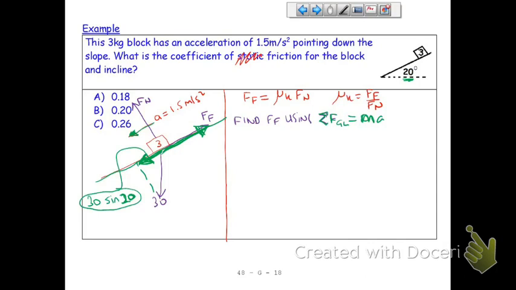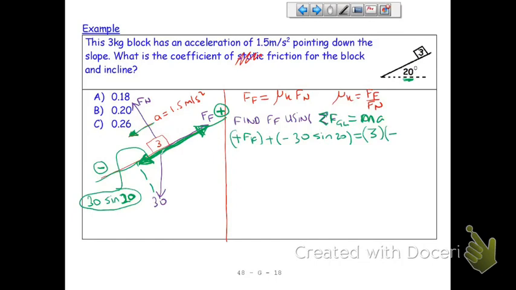Okay? So what I say is, got to pick signs. Positive, negative, plus Ff added to minus 30 sine 20 is equal to, not 0, but 3 times, what am I going to write in for my acceleration?